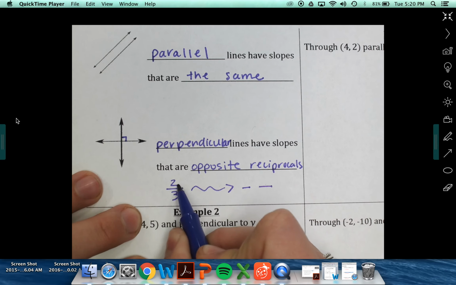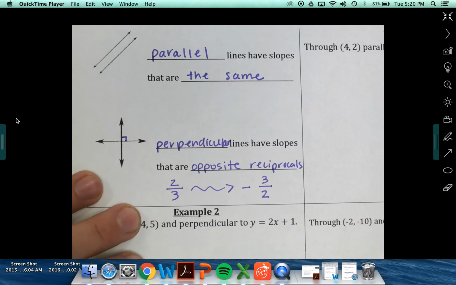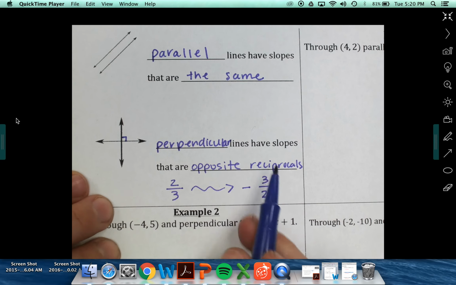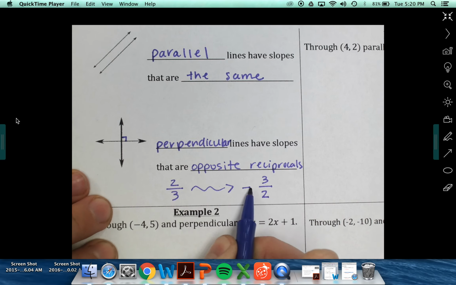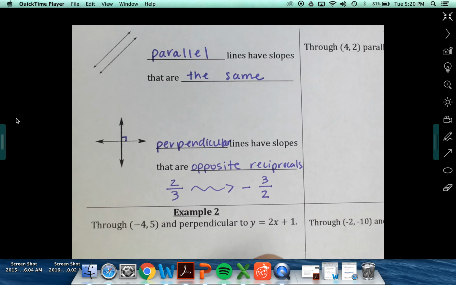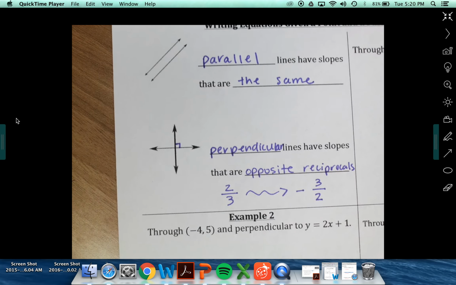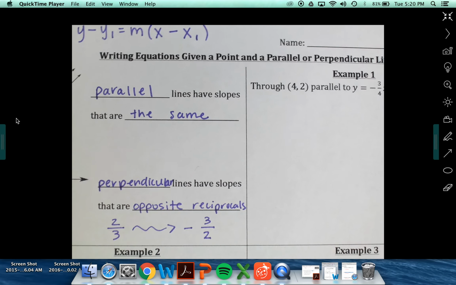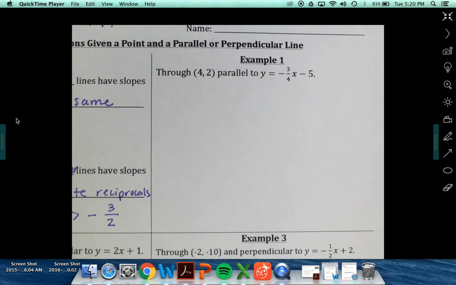So the 3 will be on the top and the 2 will be on the bottom. So opposite reciprocals mean that the sign changes. That's the opposite part. So it went from positive to negative, and it also flips around. So perpendicular lines have complete opposites, and parallel lines have slopes that are the same. Now we can move on to example 1, now that we know that.